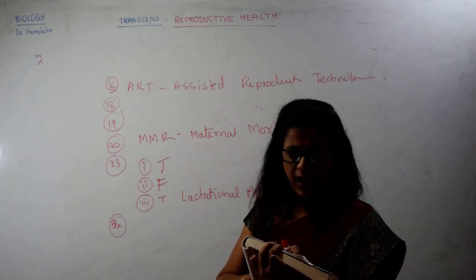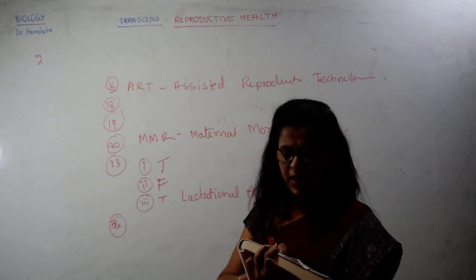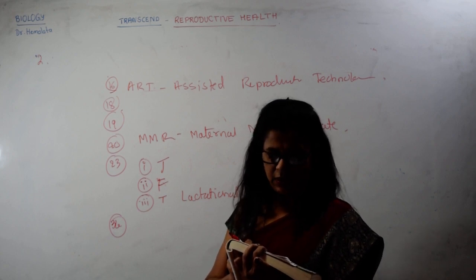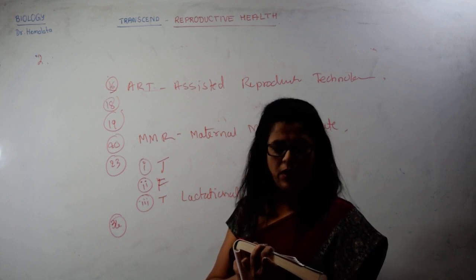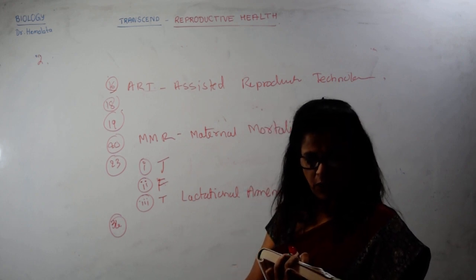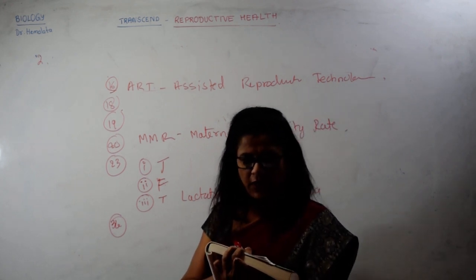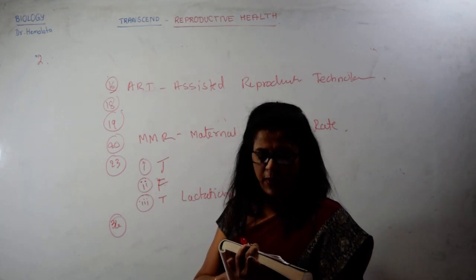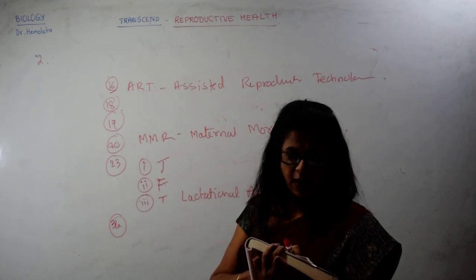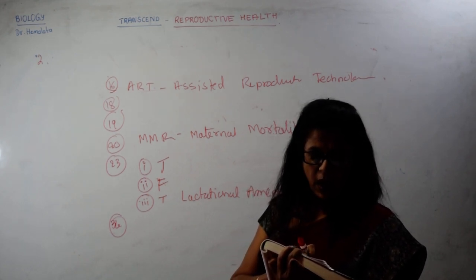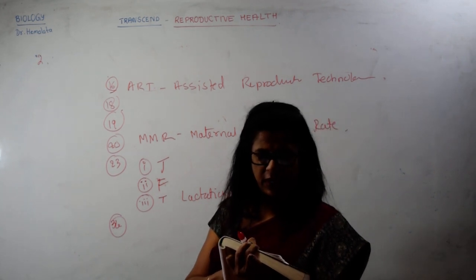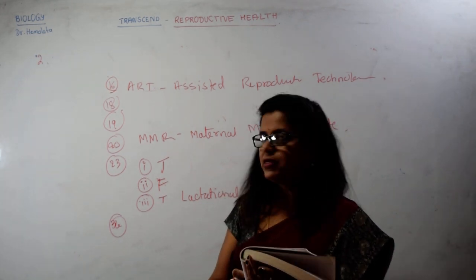Second option says alter the quality of cervical mucus to prevent or retard the entry of sperms. They will not retard the entry of sperms by creams and gels. Yeah, that's correct.